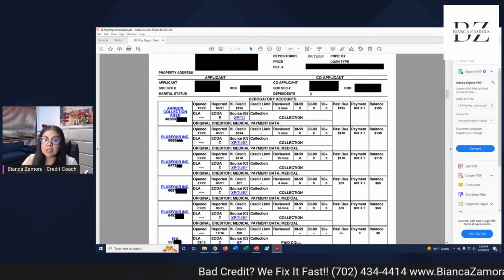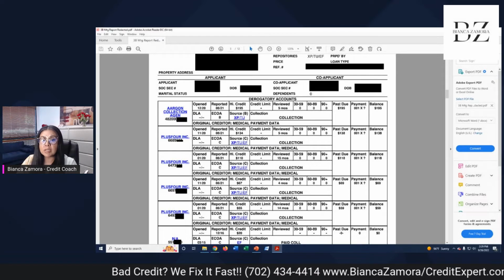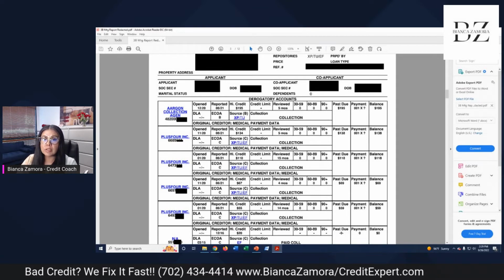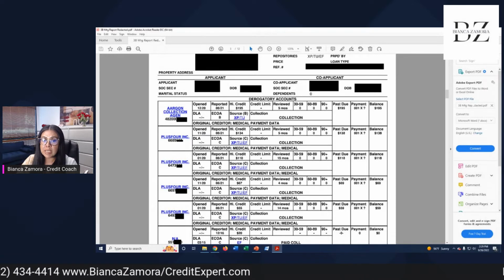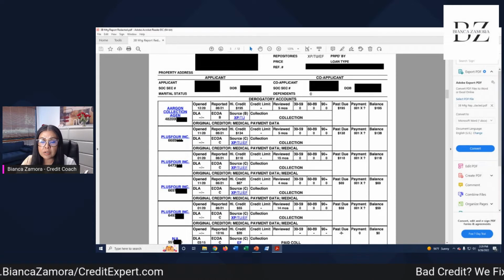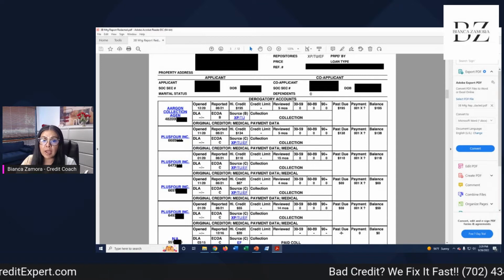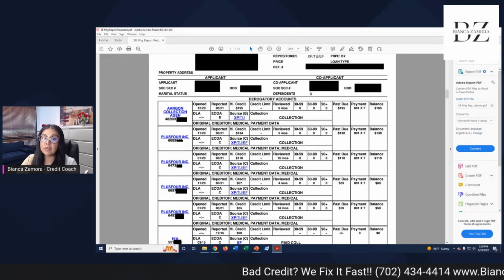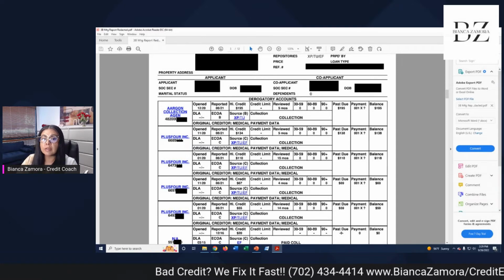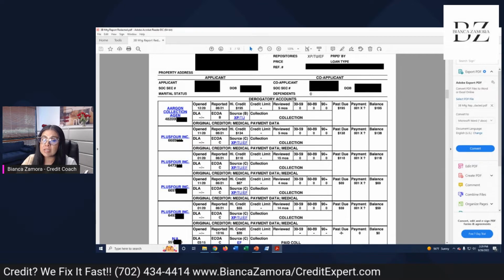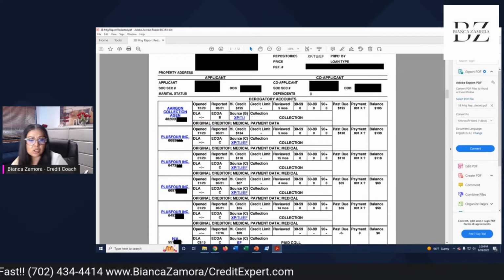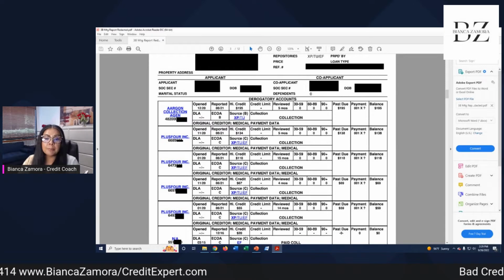Then to the right of that, it's going to tell you what is the high credit. This could be the maximum balance on the account. In this case, it's $195. To the right of that, you have credit limit. This would be, if you did have a credit card or a loan, what is the limit on that account? In this case, it's a collection, so typically collections don't have credit limits.